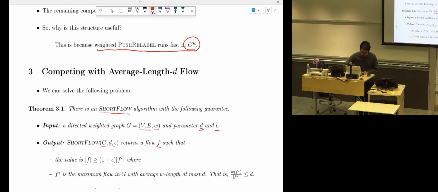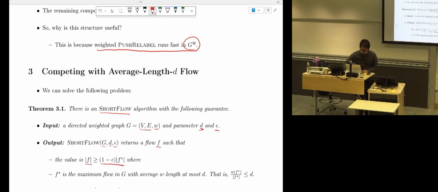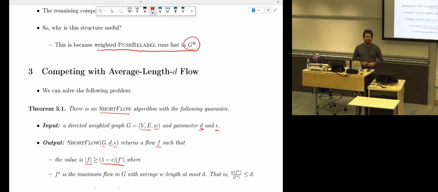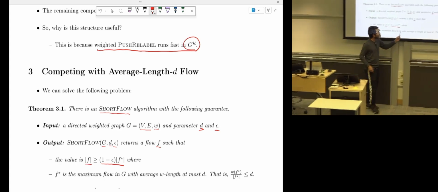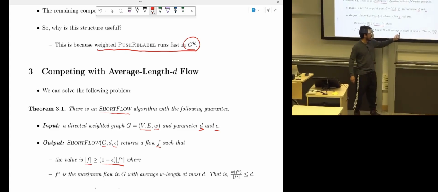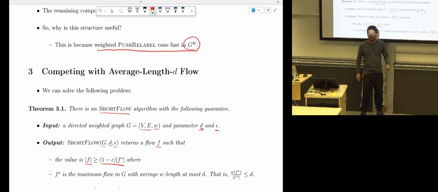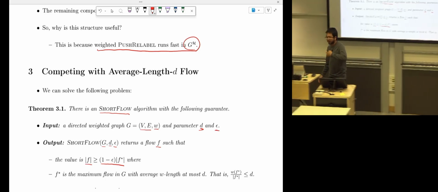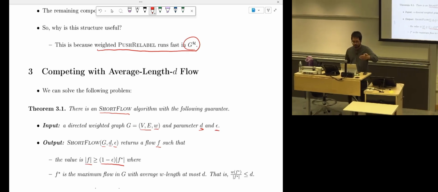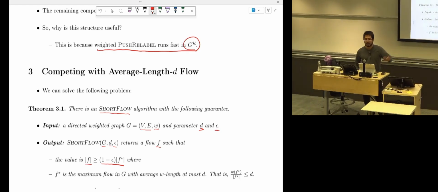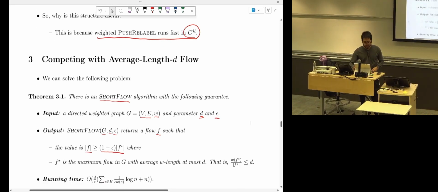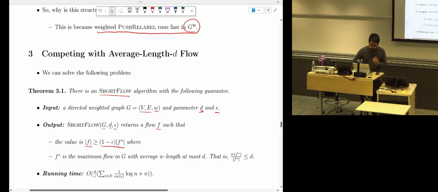Our flow will be as big as f star, where f star is the maximum flow such that the average length in W is at most D. So it's competitive with flow of length D. And the running time is going to be something like this.